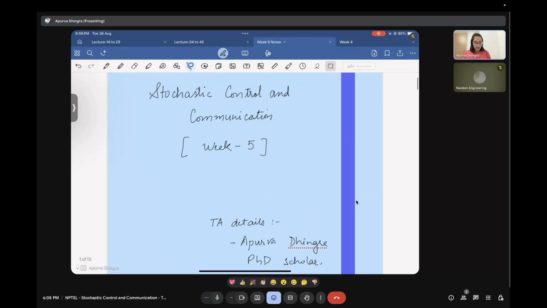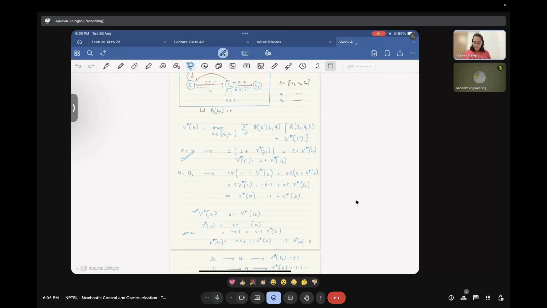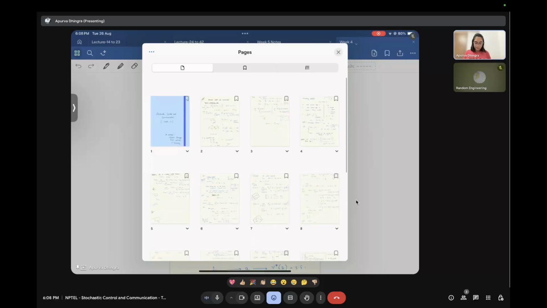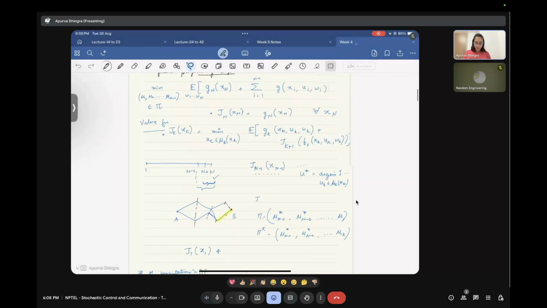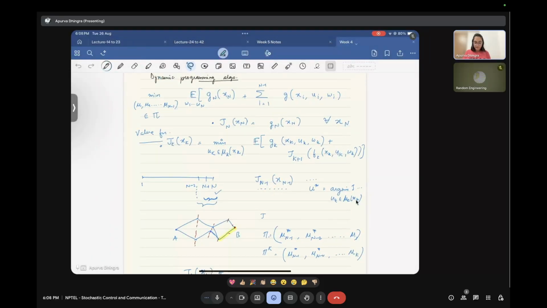Alright, so last week we started talking about what was this dynamic programming algorithm. We said that this algorithm requires us to find out something called a value function, this J of whatever time t.